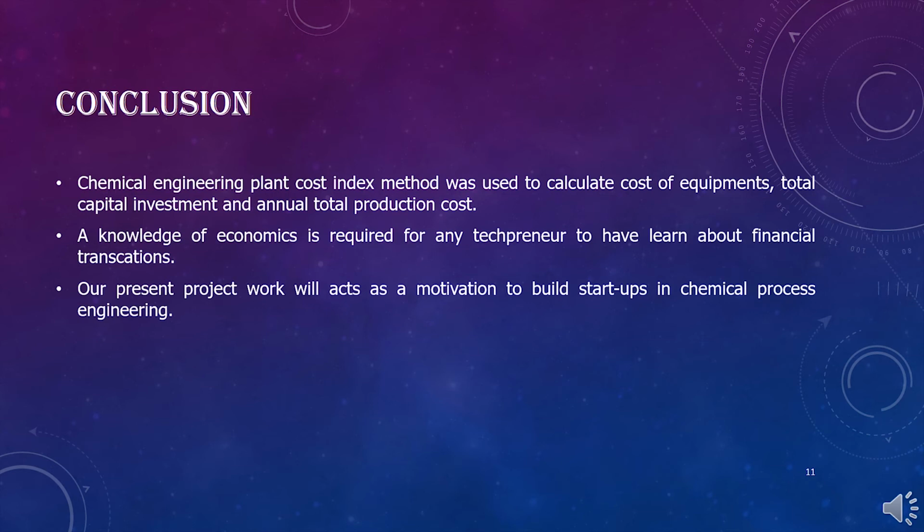Many micro, small, medium, and large enterprises all need to promote national economics. Our present project work will act as a motivation to build startups in chemical process engineering as it has a lot of scope.